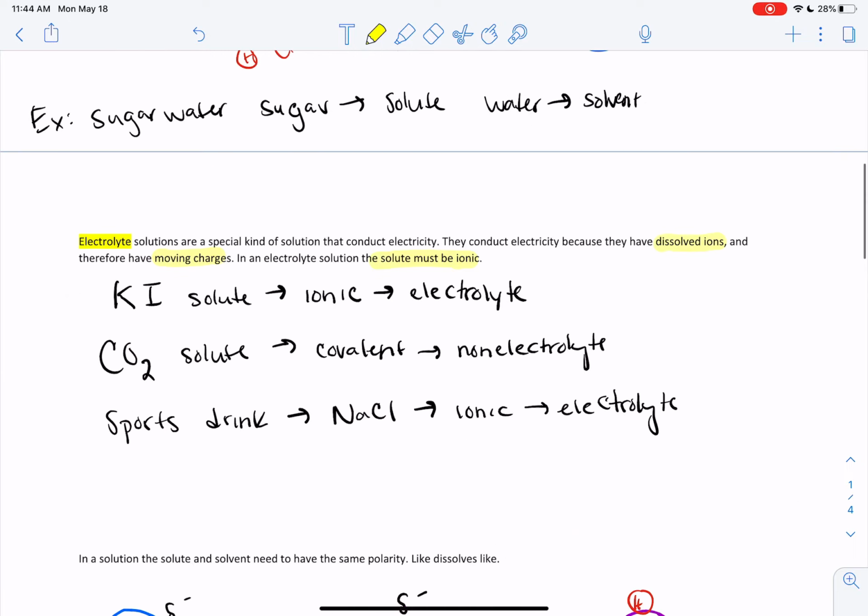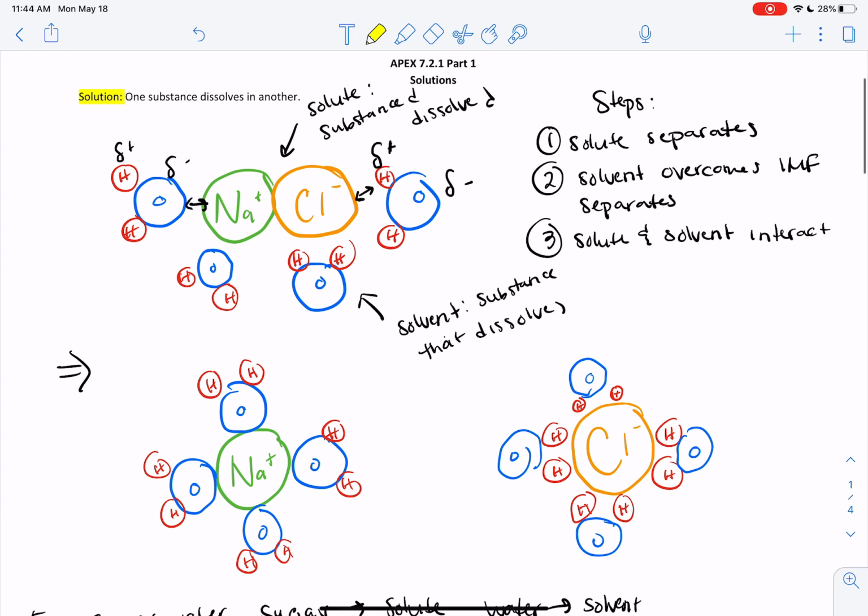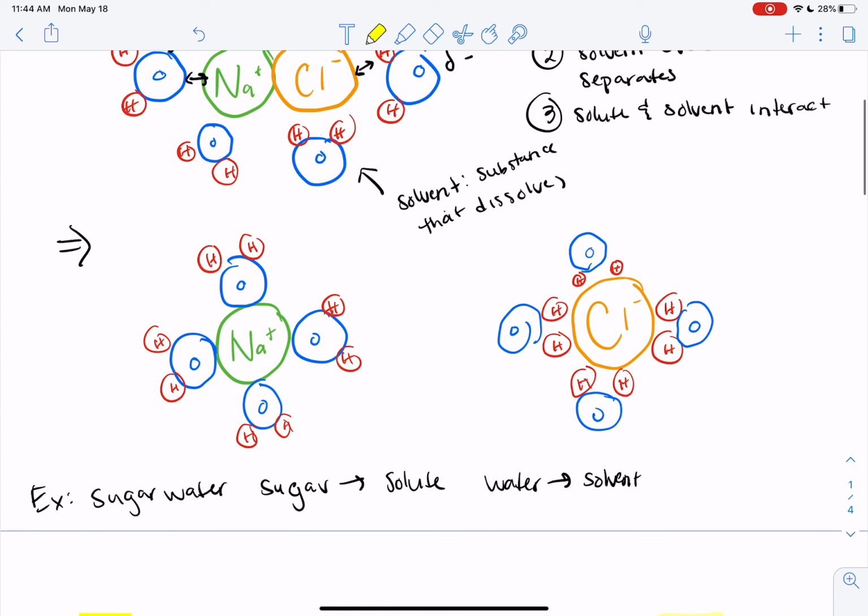All right, so from this first part of solutions, we need to know the difference between a solute and a solvent. We need to understand what's happening at a molecular level when a solute dissolves in a solvent, like the water molecules are surrounding the different ions and pulling them apart because they are attracted.